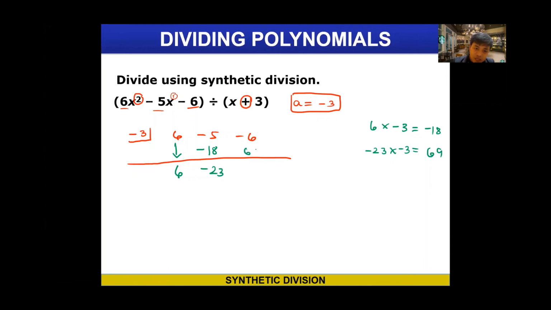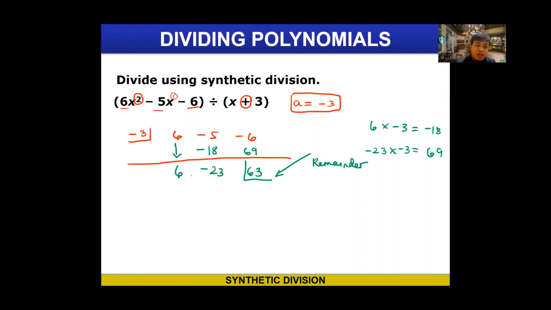So positive 69, and then we add this one. This gives us positive 63. Okay. So now, as we can see, we have the last digit here. We put a box, and this now becomes our remainder. So that is our remainder.